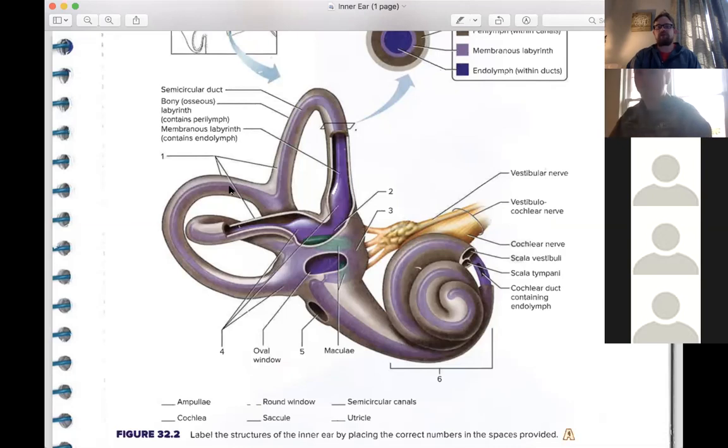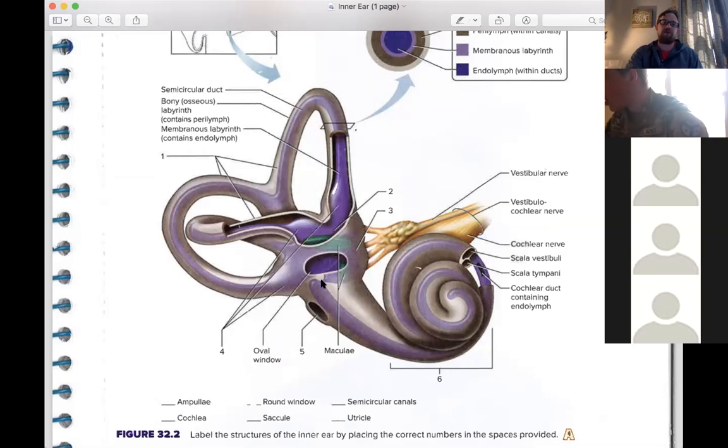So let's talk about the utricle and the saccule first, numbers 2 and 3. These are going to be important for static equilibrium. That means they help you maintain proper position of your head and proper posture while you're sitting or standing still. They do this with the aid of these little things called maculae.